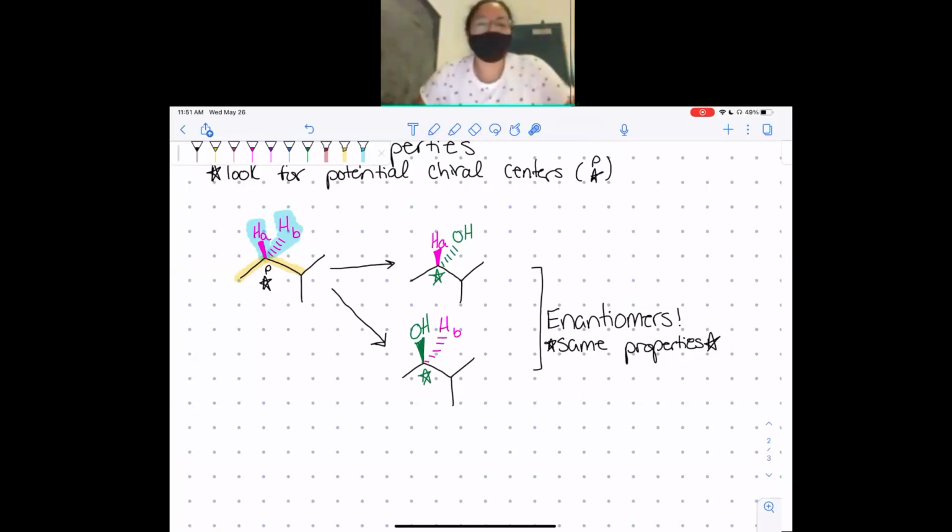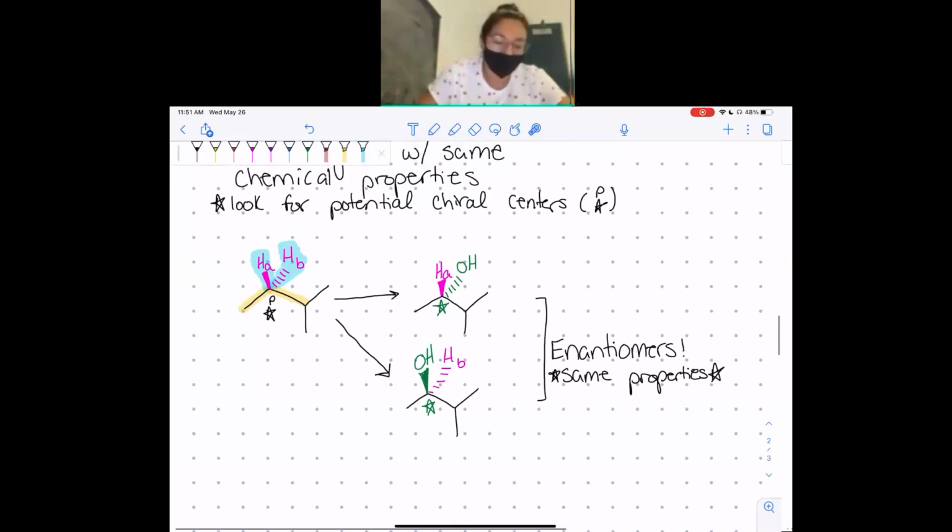Anywho, before I completely go off the rails, the reason I bring all of this up is that, as you said, they have all the same chemical properties, such as boiling point. That means that when it comes to NMR, they're going to be exactly the same. You can't look at these two and tell the difference by NMR. So if we move one step back, these two hydrogens are going to be enantiotopic.